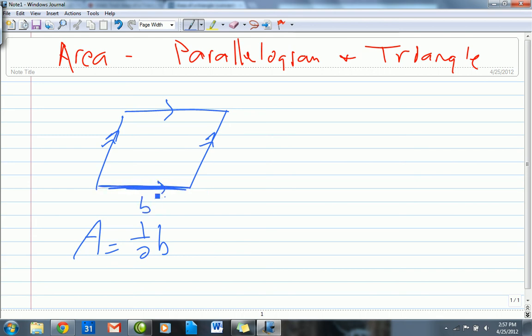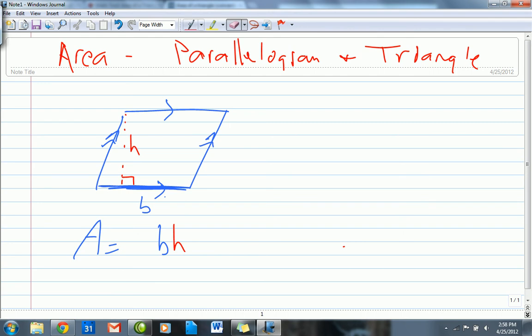So if this is my base, then the height is the perpendicular, the altitude. And the base and the height will always be perpendicular. So here's our base, B, and our height, H. And actually that's wrong. The area of a parallelogram is base times height, not 1/2 base times height.